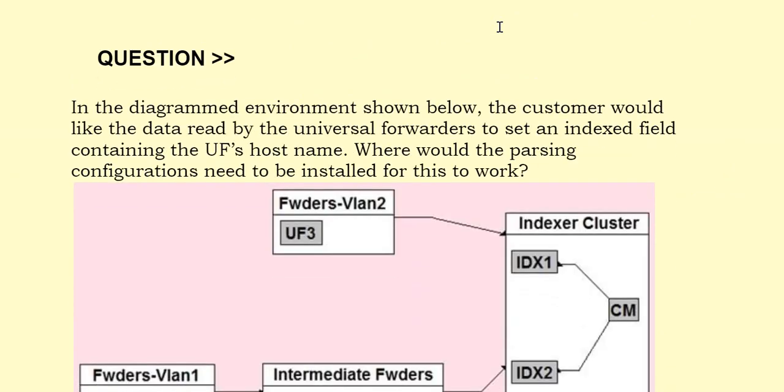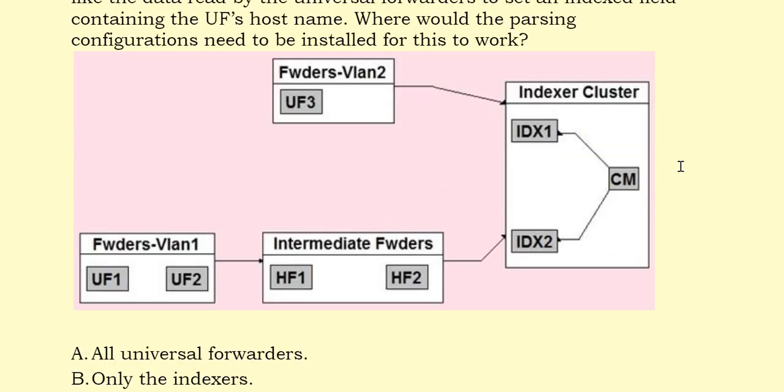Our next question is, in the diagrammed environment shown below, the customer would like the data read by the universal forwarder to set up an indexed field containing the UF's host name. What would be the parsing configuration needed to be installed for this to work? Please have a look at this diagram.